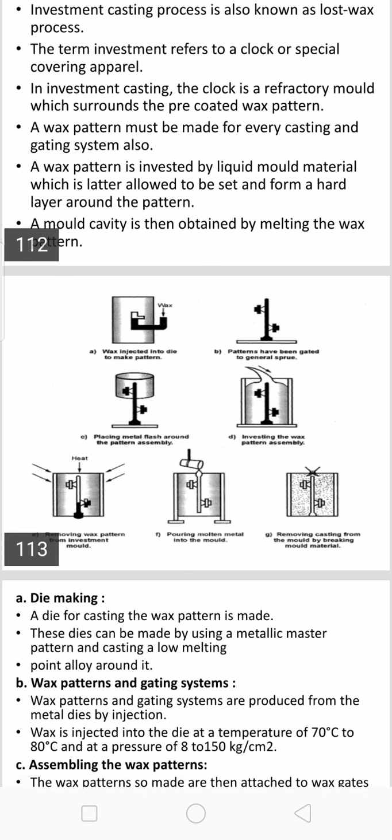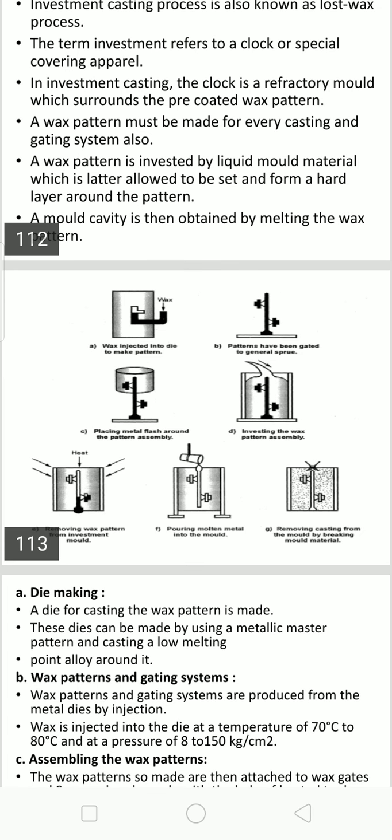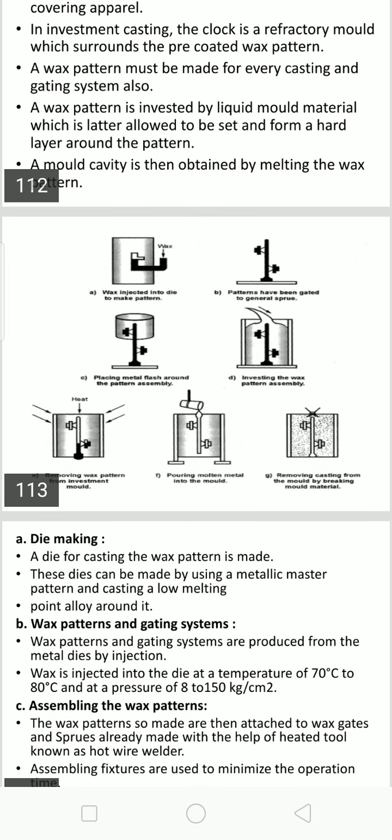That is exactly called assembling. The wax pattern and the gating system must be assembled if the casting is cast separately. It can be joined by heating the surfaces to be attached or using some adhesives. The assembly is then fixed on a flat plate as shown in the second figure.